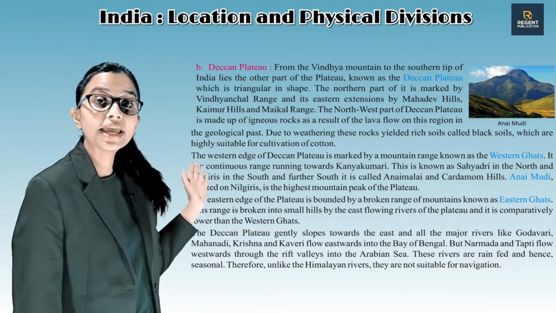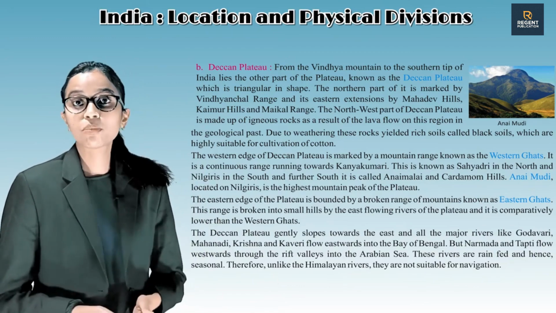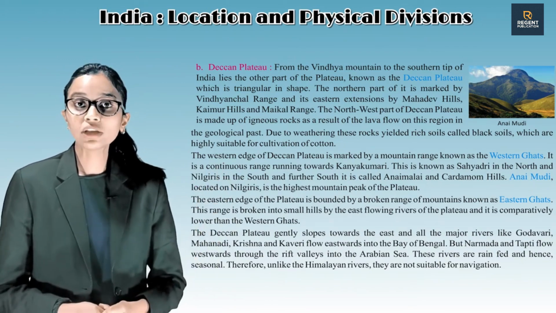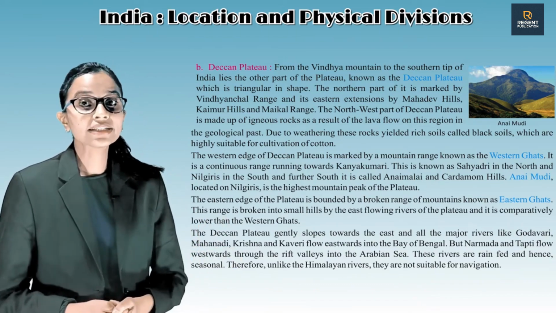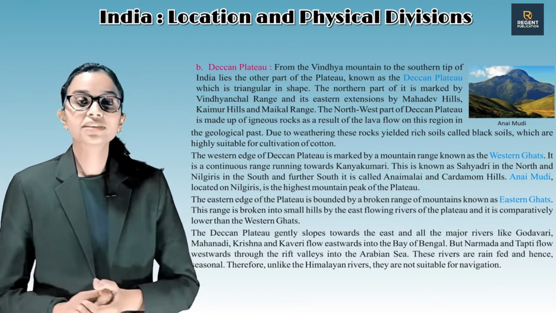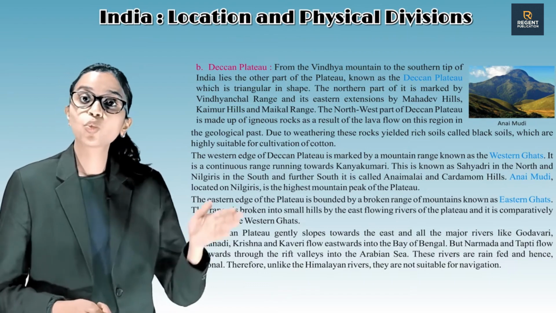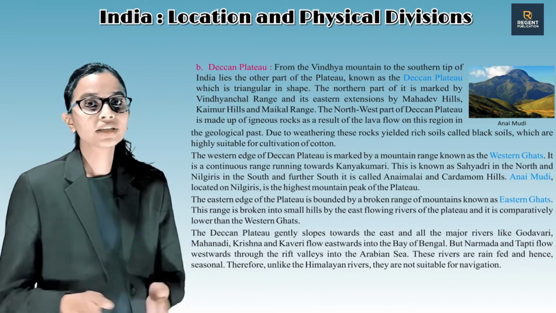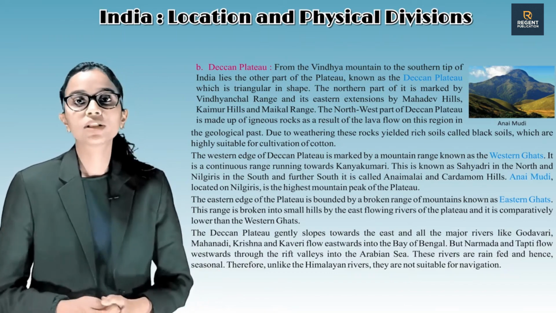The eastern edge of the plateau is bounded by a broken range of mountains known as Eastern Ghats. This range is broken into small hills by the east flowing rivers of the plateau, and it is comparatively lower than the Western Ghats. The Deccan Plateau gently slopes towards the east, and all the major rivers like Godavari, Mahanadi, Krishna and Kaveri flow into the Bay of Bengal.